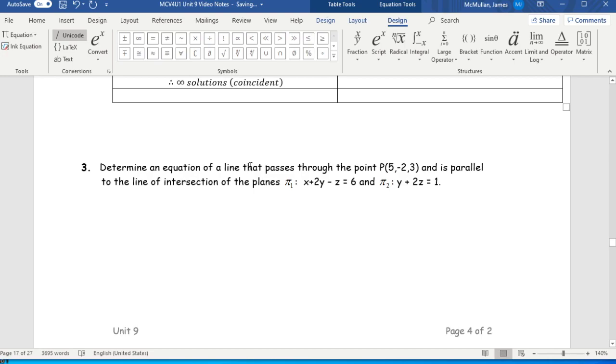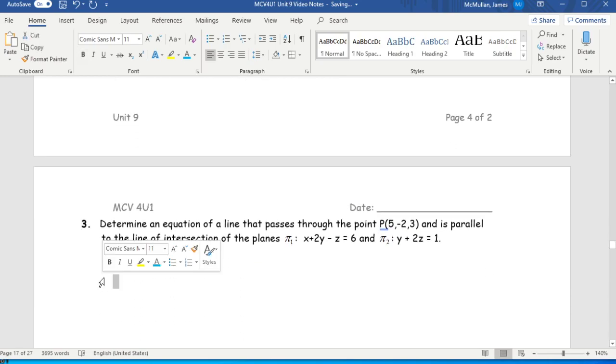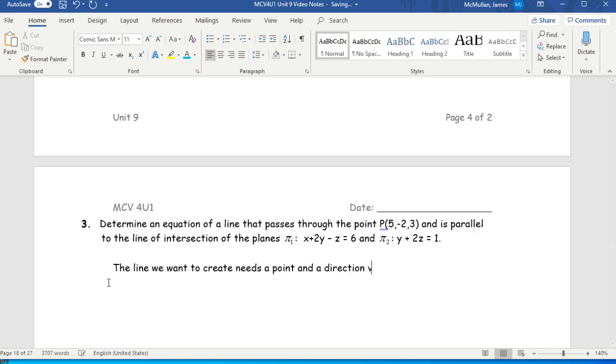Determine an equation of a line that passes through the point (5, -2, 3) and is parallel to the line of intersection between these two planes. Okay, so the line we want to create needs a point and a direction vector. The point is (5, -2, 3). That was given.